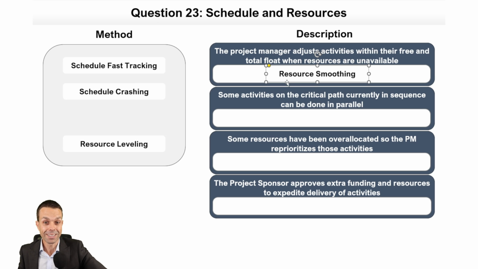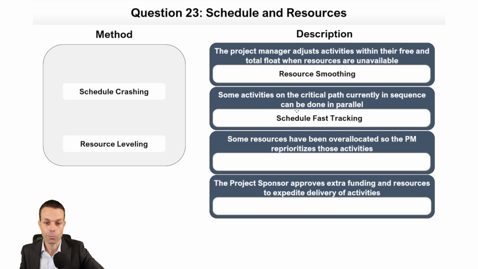Wow, tricky. Some activities on the critical path, they're currently in sequence, but they can be done in parallel. That's fast tracking. So we're bringing them back in line, basically, instead of in sequence. Now we're going to be doing a few at the same time. Nice and easy. And schedule crashing. Let's see what we've got here.